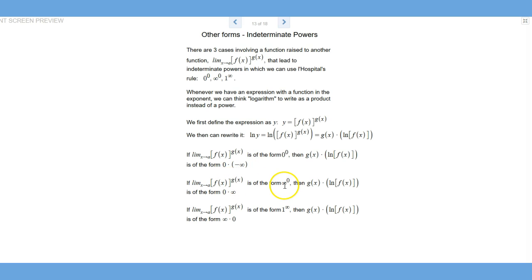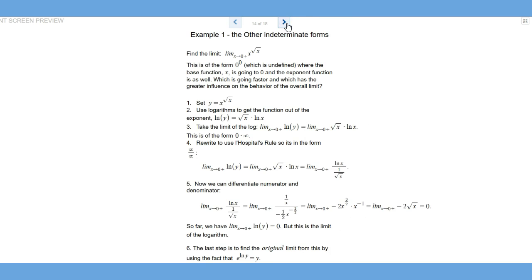Likewise, if this were of the form infinity to the 0, then when I express it as a product, it's of the form 0 times infinity. And lastly, if it was of the form 1 to the infinity, then when I express it as a product, it's also going to be infinity times 0. So it doesn't matter which of these three indeterminate power cases it is, we're going to do the same thing, and we're going to look at that procedure in the next slide.